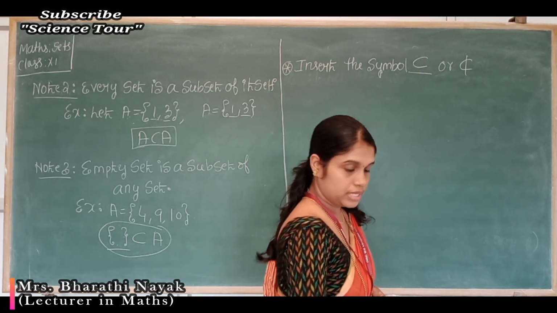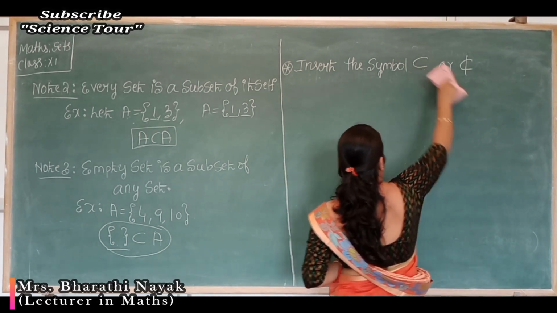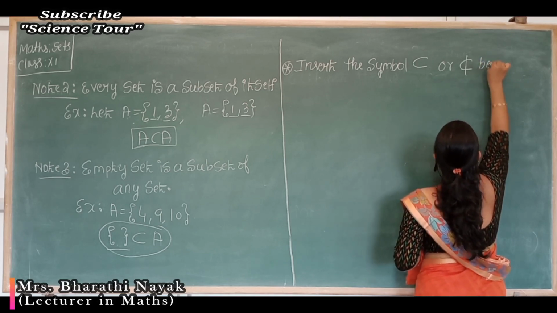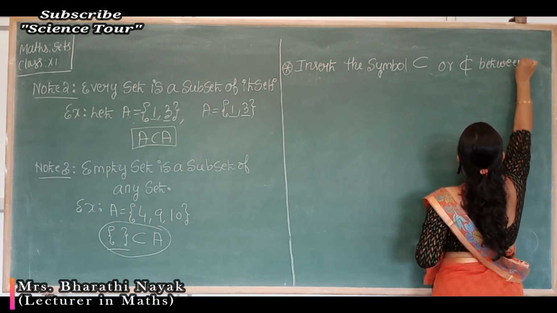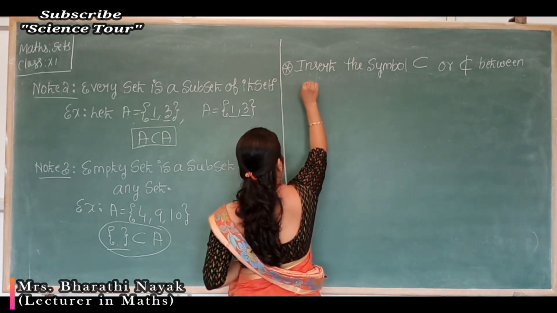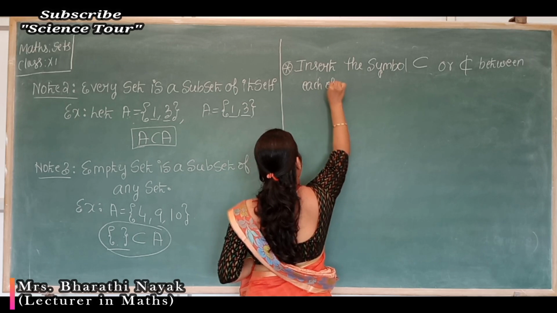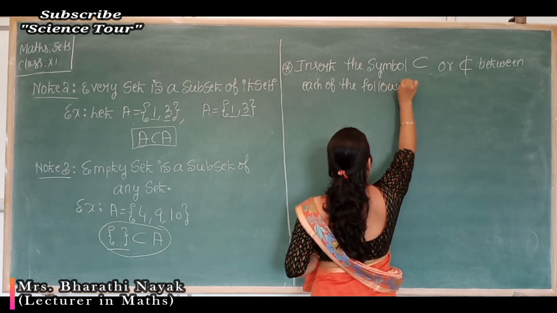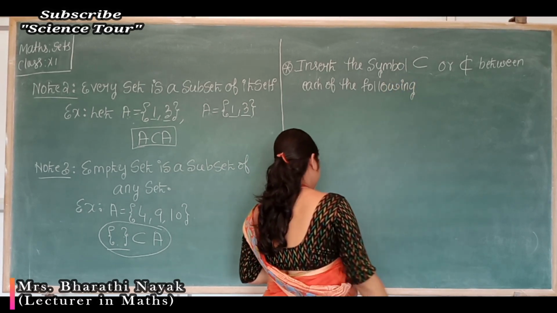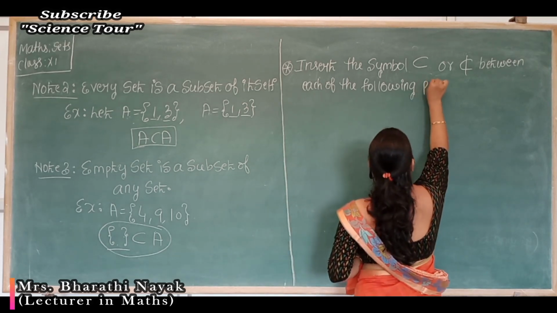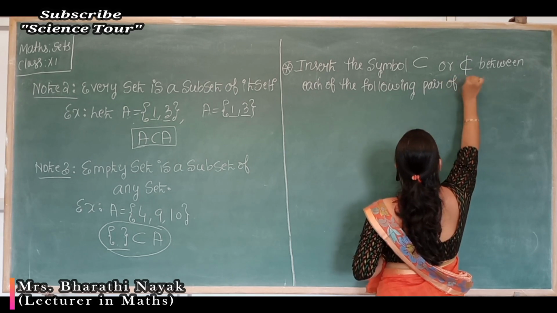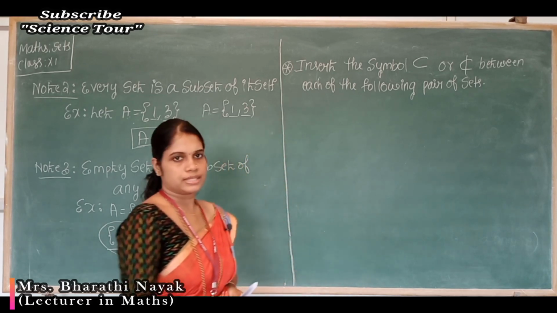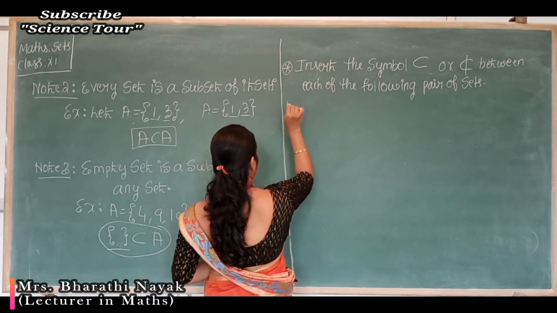Okay, so you have to insert these two symbols, contained in or does not contained in, between each of the following pair of sets. Okay, so I will consider the first problem.